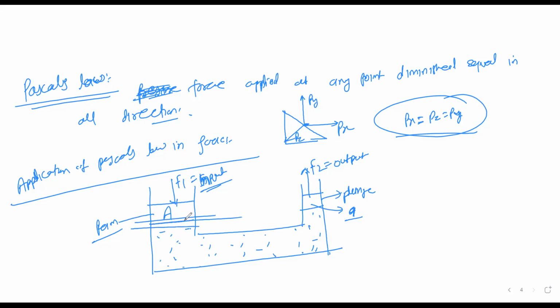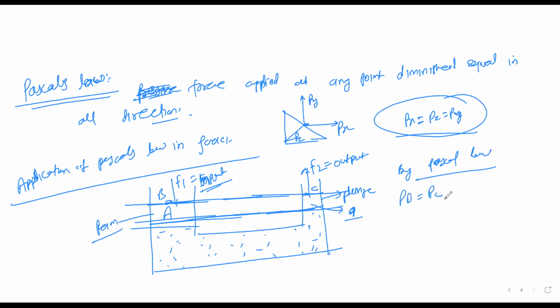This jack is filled with a lubricant that is in liquid state. So whatever pressure is generated, whether at this point or at this point, along a horizontal plane, if I'm assuming that this is B and this is C, then by Pascal's law, along a horizontal plane at any point, the pressure must be the same.